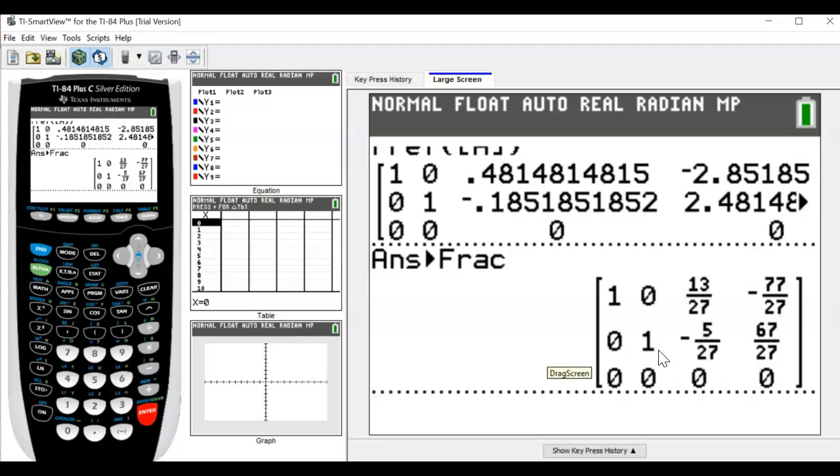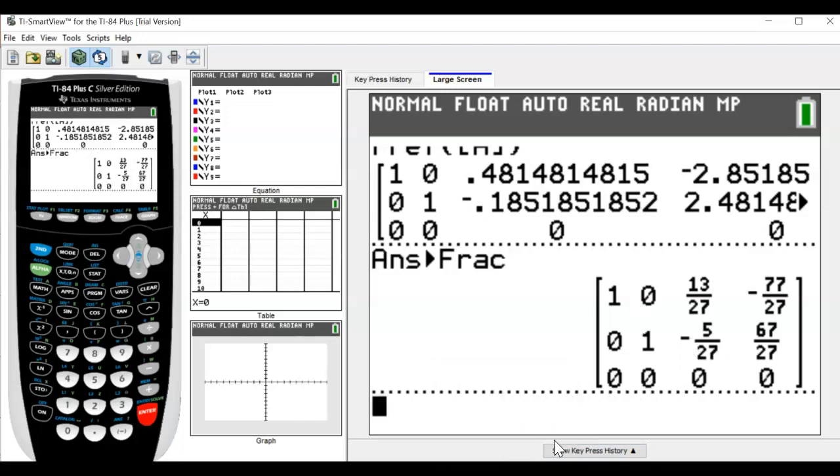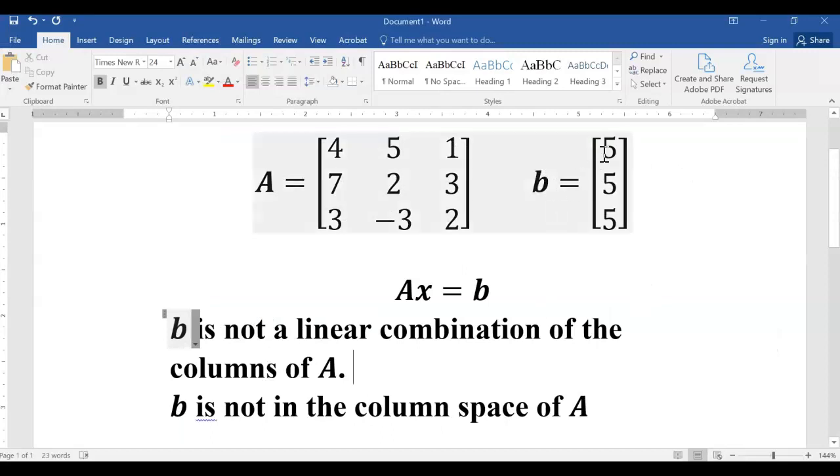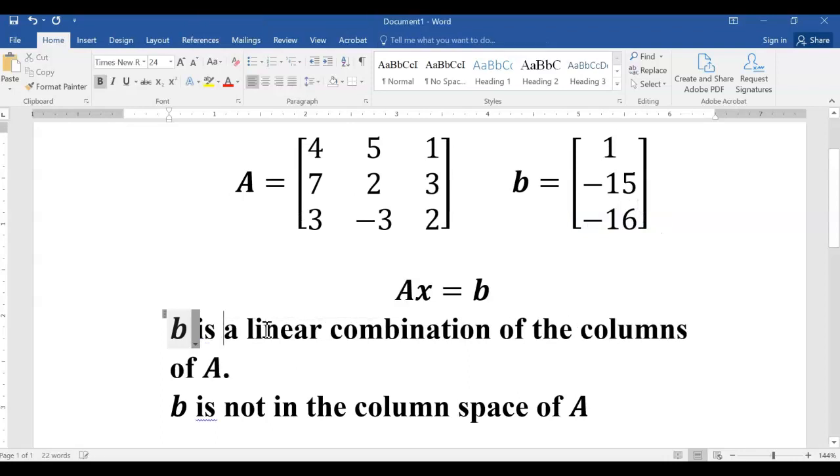So our matrix has this nice solution, and therefore B is a linear combination of the columns of A. So if B were 1, negative 15, negative 16, we would say B is a linear combination of the columns of A. So B is in the column space of A.